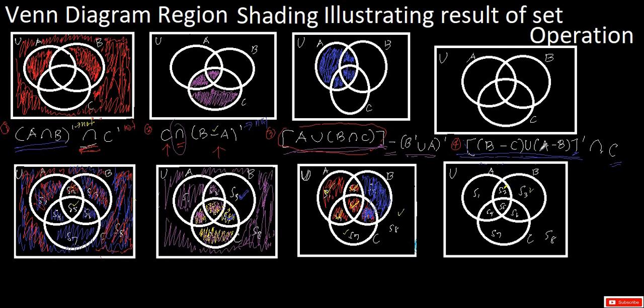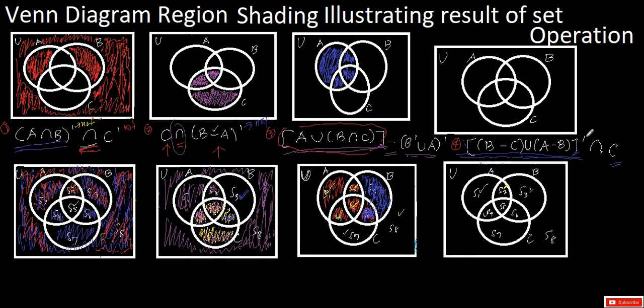And then union with the regions of A minus B. So what are the regions of A only but not B? A only but not B. So we have S sub 1 and S sub 4. And the union of these regions are this one, the regions checked with yellow color. S sub 1, S sub 2, S sub 3, and S sub 4.